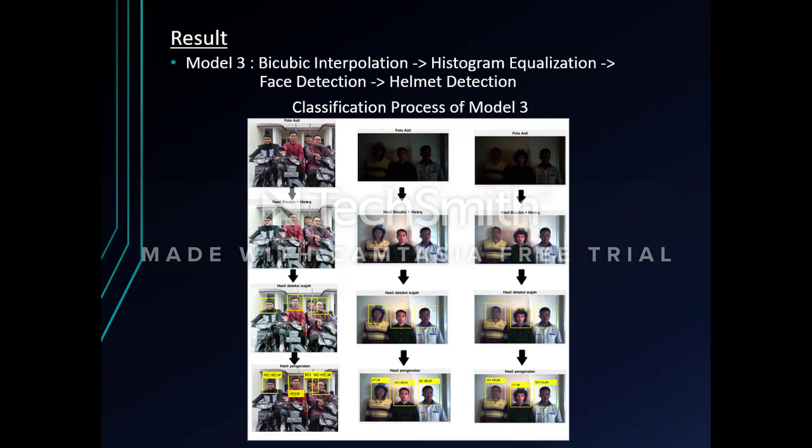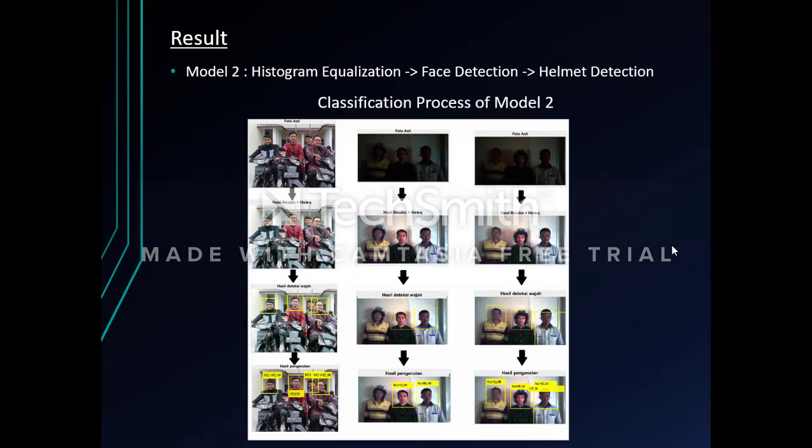But in the third model, we used bicubic interpolation, and we can see the labels: no helmet, no helmet, no helmet, no helmet, helmet, no helmet, no helmet, helmet, no helmet. If we look at the previous model, I mean the second model, the classifier was wrong, since this is a helmet, but it classified it as no helmet.